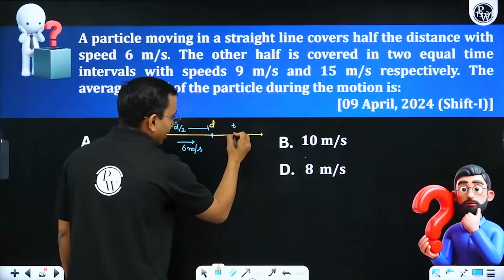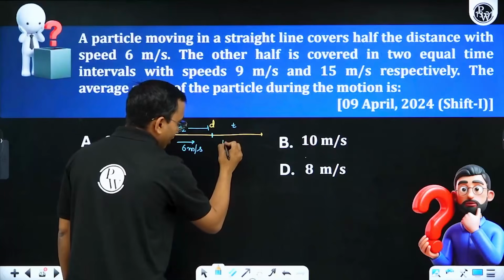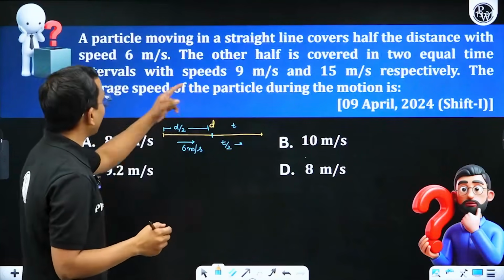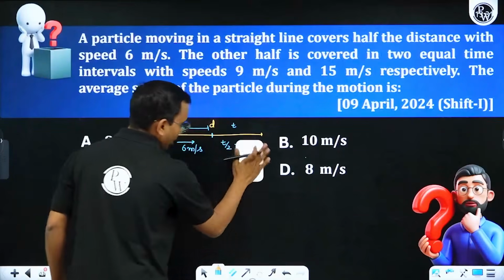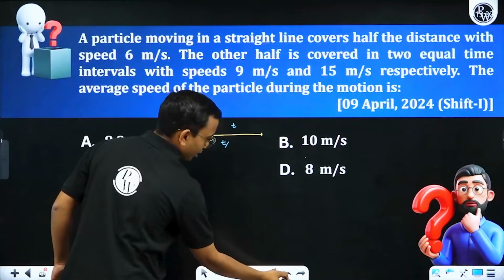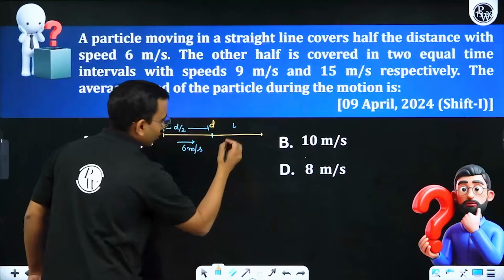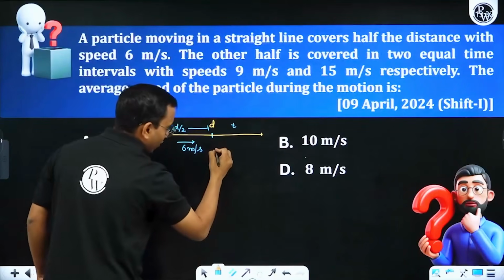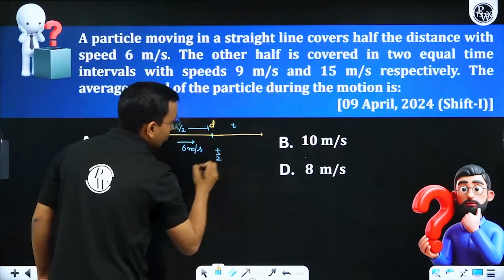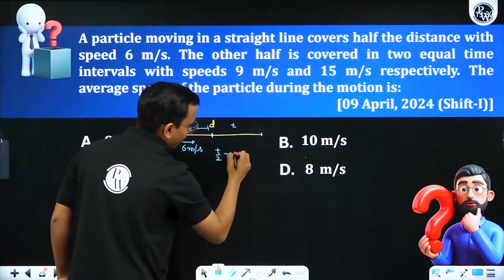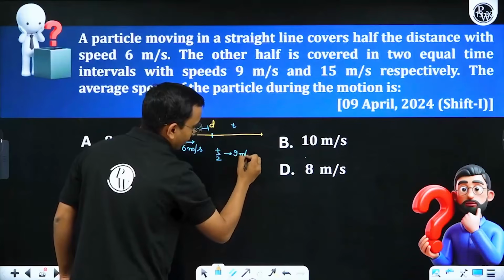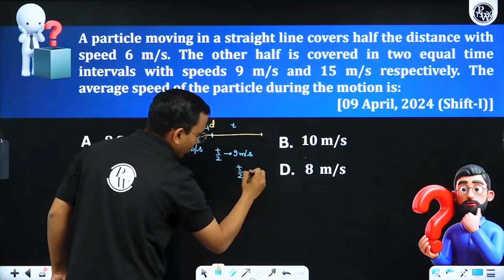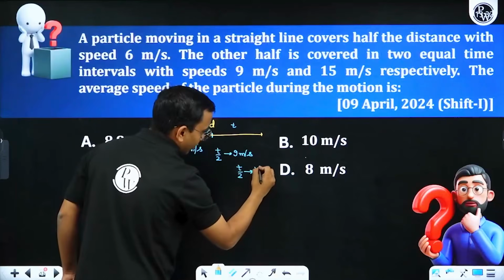So it is covering in two equal intervals: for t by 2, it is going with velocity 9 meters per second, and for the next t by 2, it is going with 15 meters per second.